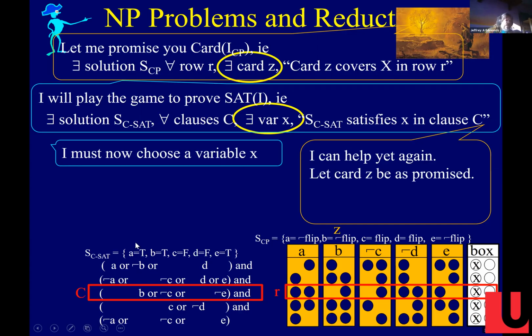So it's reasonable that I'm going to talk about variable B. In fact, she's promising me something. Let's go back to what she's promising. She gave me a card B, and she's promising that the card B covers the X in the row we care about, right? So that's pretty useful. Here we say, see there, it's covering it.